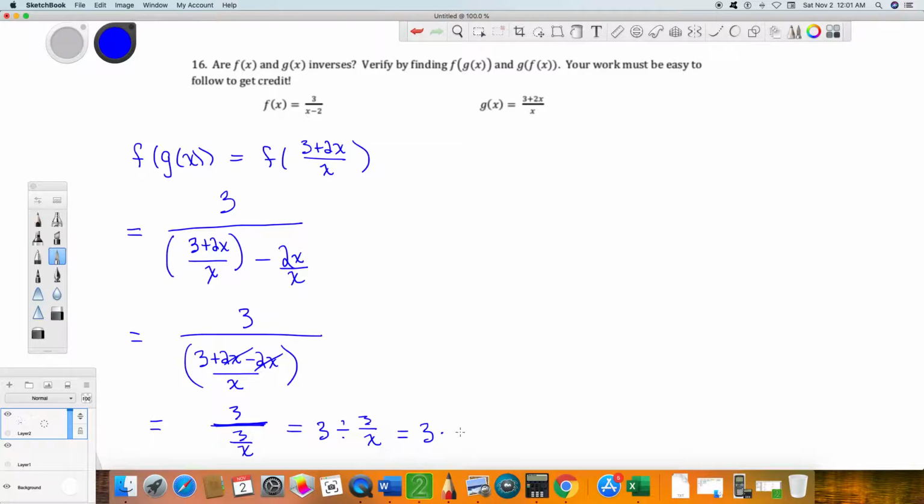The reciprocal of 3 over x is x over 3, and then those 3's cancel, and we get just x. So we're halfway in concluding that these are inverse functions, but we have to find this other composition and make sure that it also equals x.